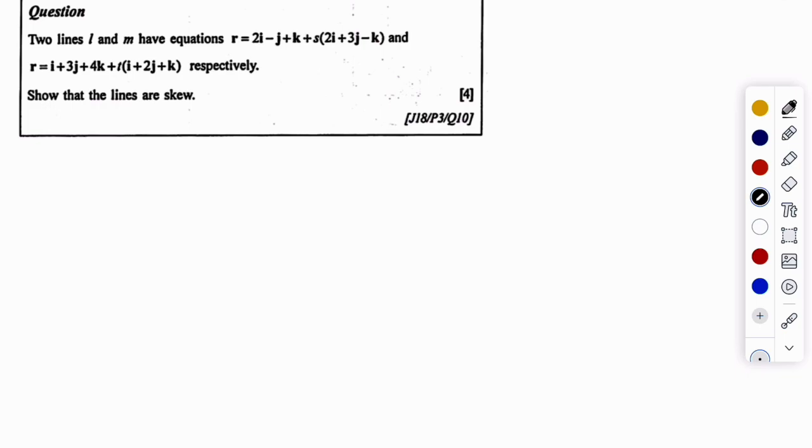Well, what's stopping them from being parallel is that if we have line L, our direction vector is equal to (2, 3, -1).